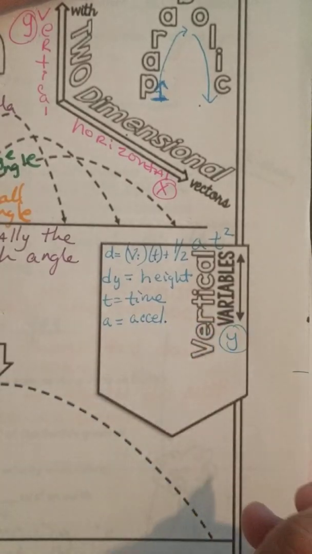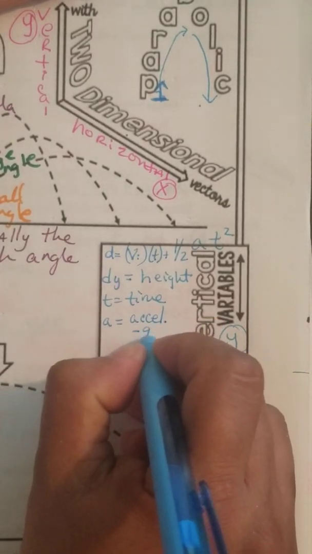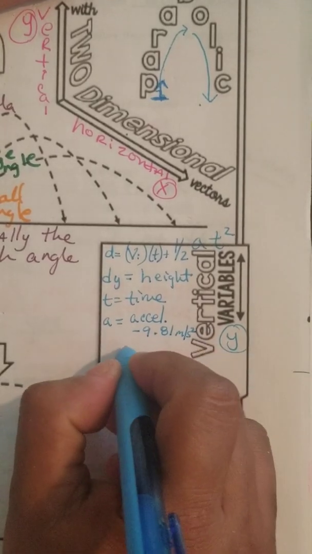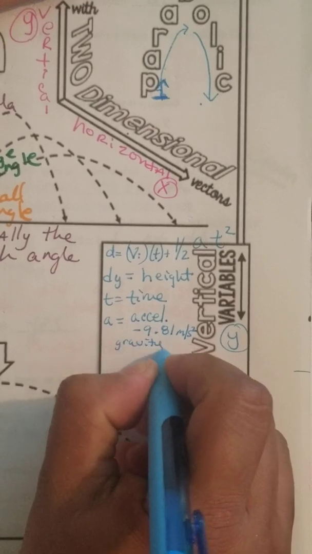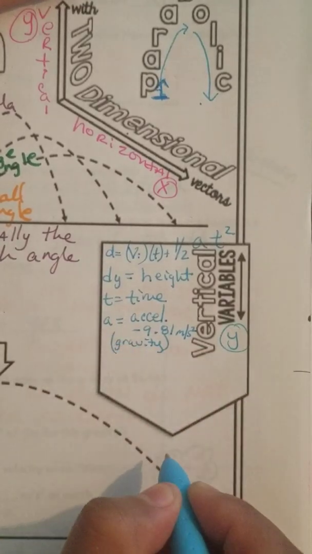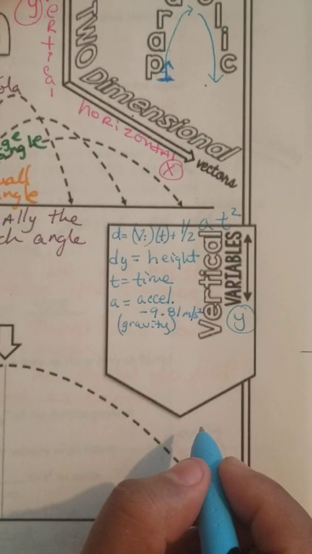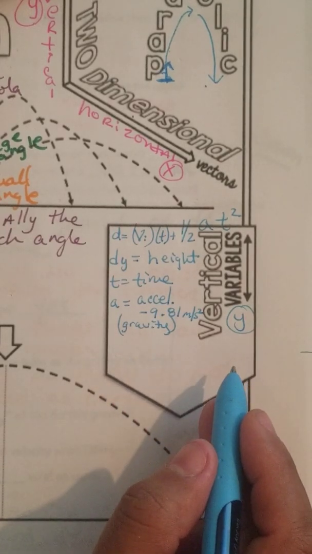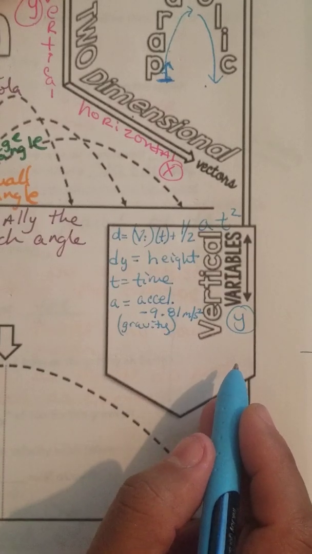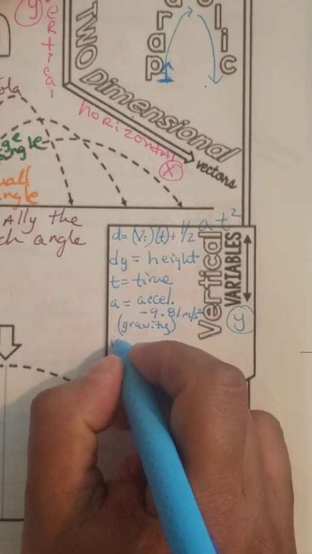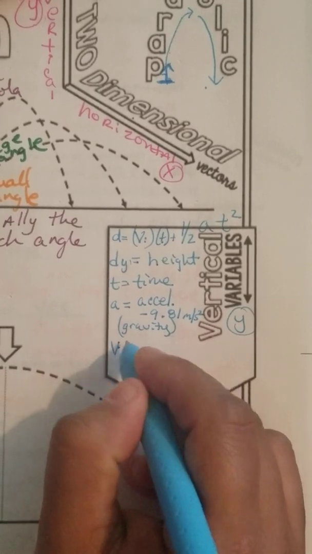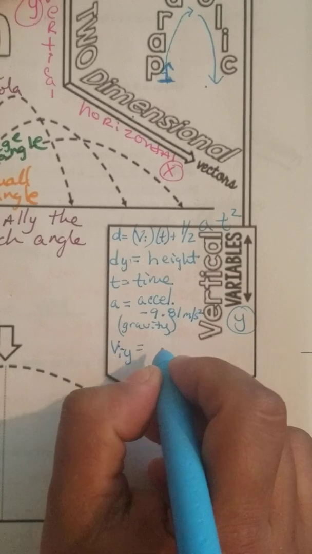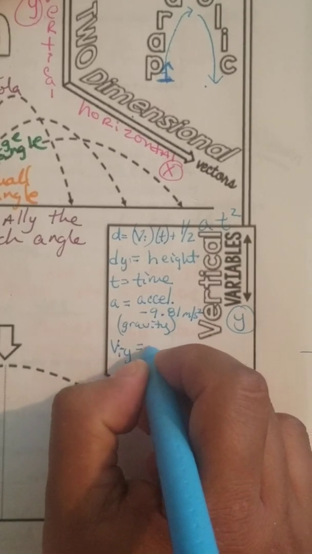But when it's in free fall, it's going to be gravity of negative 9.81 meters per second squared, and I'm going to put right here gravity in parentheses. Okay? That's why it's negative 9.81 for acceleration. Why? Because the moment it's in the air, there's no other outside forces touching it other than gravity. And then the V sub I y is going to be the initial vertical velocity.